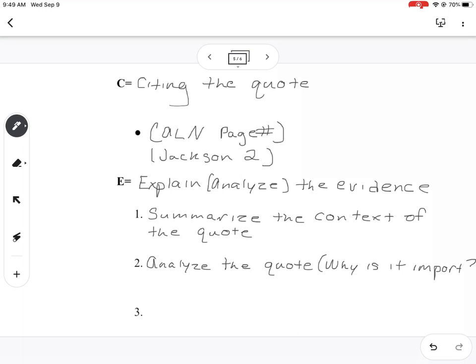And then how does the quote answer the prompt? Those two questions are good places to start if you're not sure of what to do in your analysis portion. And then lastly, you need to do a conclusion sentence. So that's connecting your quote back to the actual prompt.